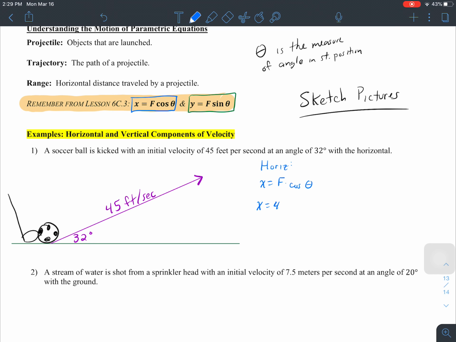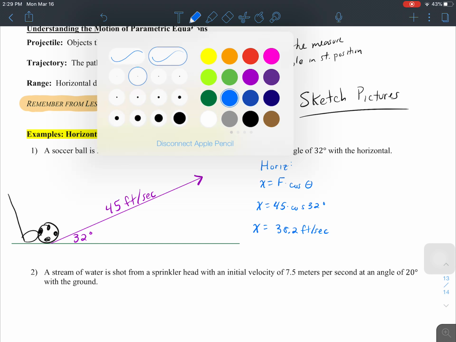So x equals 45 times the cosine of 32 degrees. If we put that in our calculators, we would get 38.2, and that's labeled feet per second.